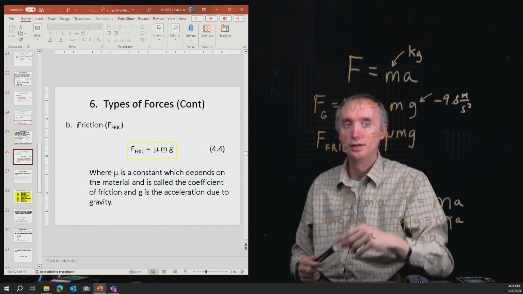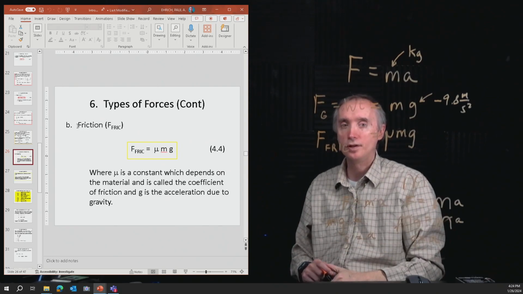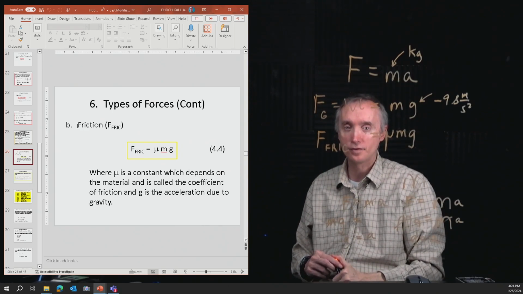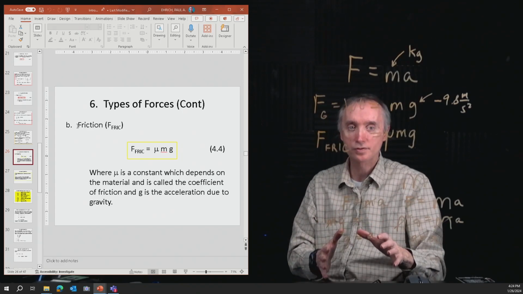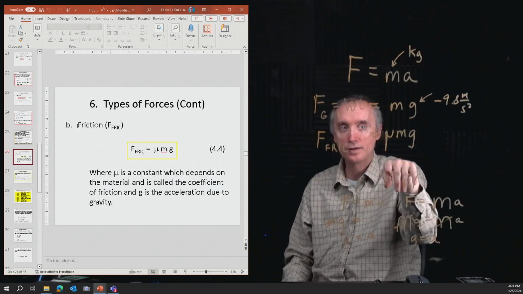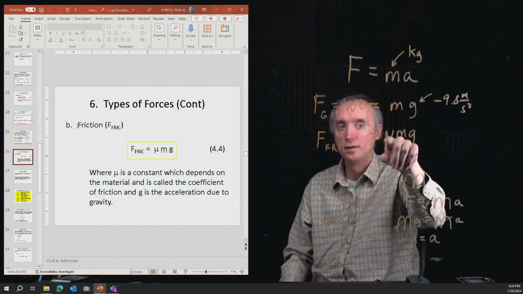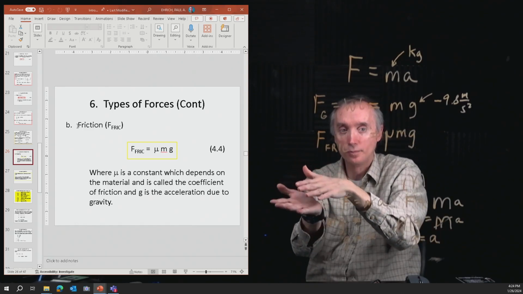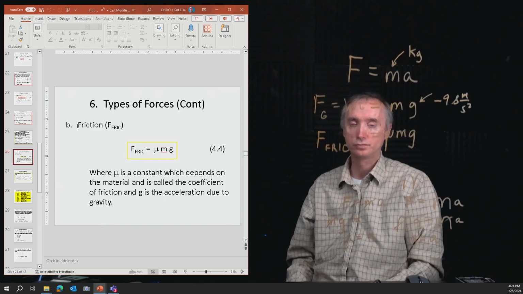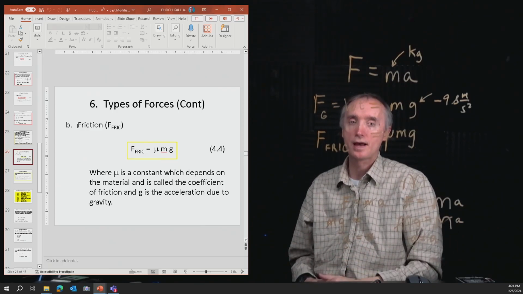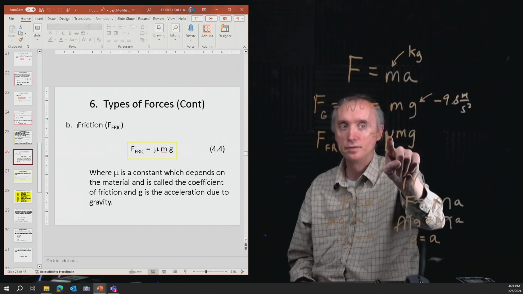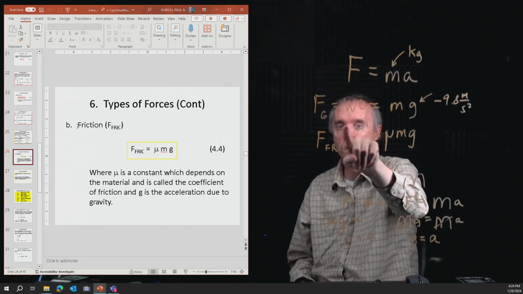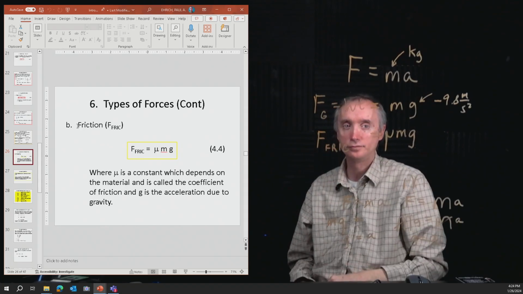So mu is a Greek letter, and what it represents is the roughness of the two surfaces that are in contact. You could have a cardboard box on top of carpet, and that has a certain mu. So that is what that means. It's the roughness of the two surfaces. The larger this thing gets, the more friction you're going to have.